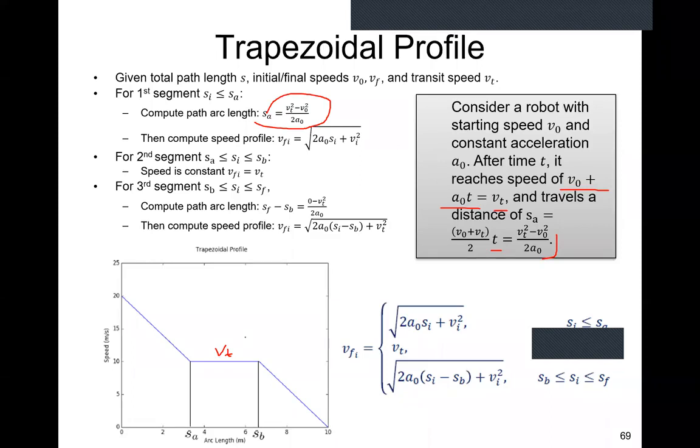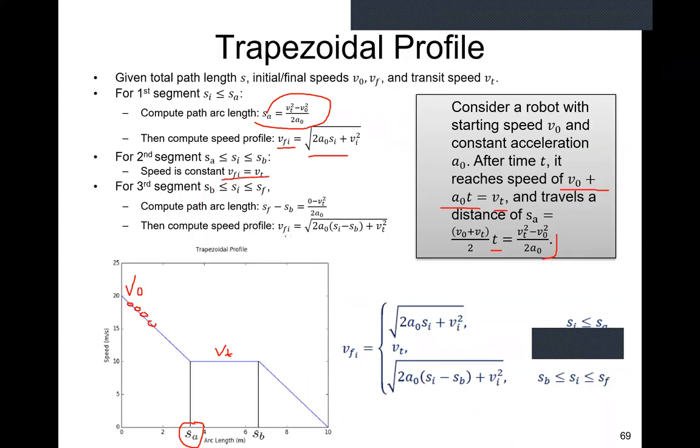So the distance traveled, SA, can be computed based on the starting velocity v0, the transit velocity vt, and the acceleration. Then for every little arc on this path, you compute a speed profile for i, where i may be 1 to n, based on this equation, basically forming a straight line. For the second segment, the speed is constant. That's easy.